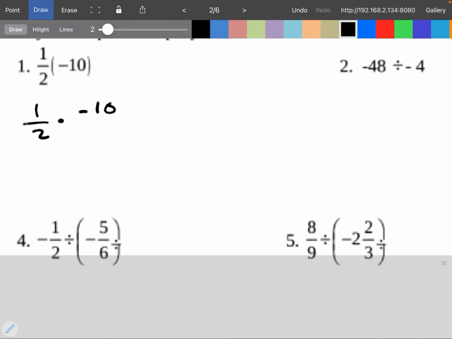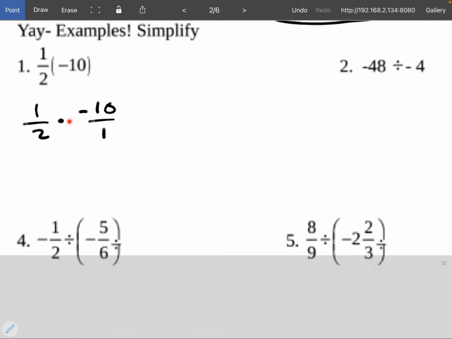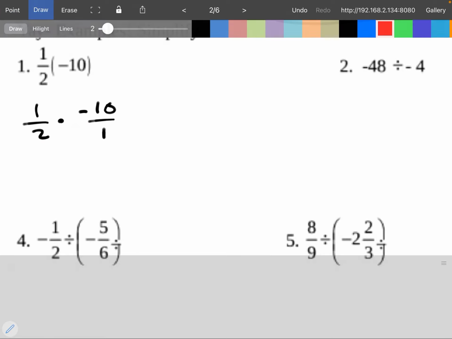The other thing you can do is, do you guys remember cross-canceling? If you cross-cancel on this, then when you multiply straight across the top and straight across the bottom, the answer will already come out reduced or simplified. So for example, on this one, you could cross cancel right here. You could divide both of these numbers by 2.